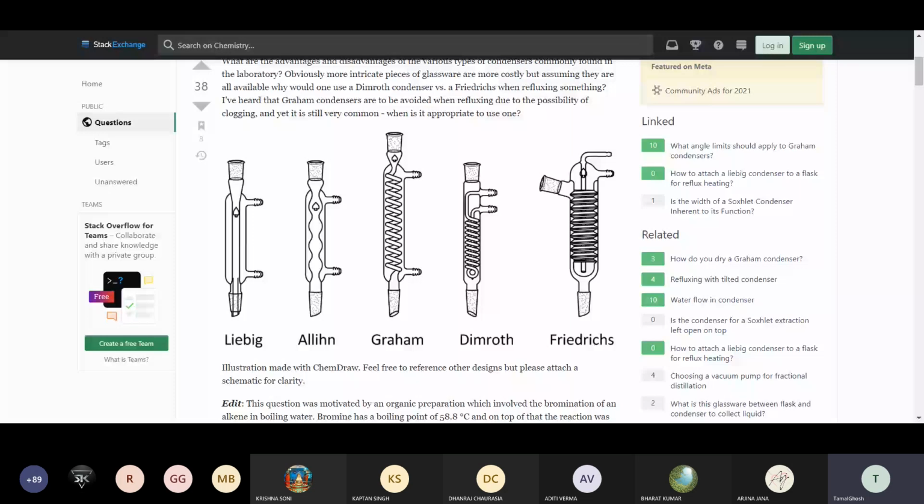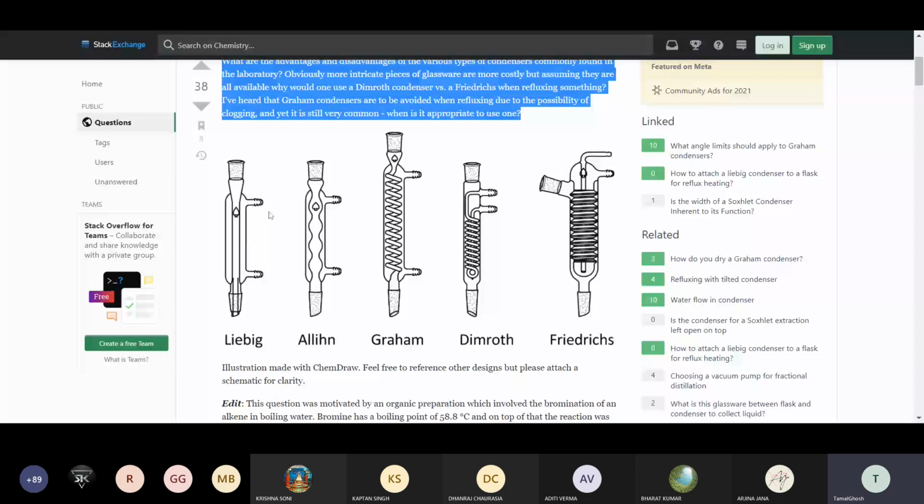These two outlets we use for a solution to cool down the vapor.